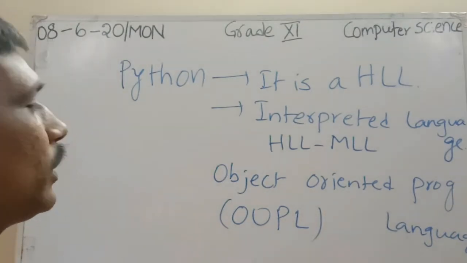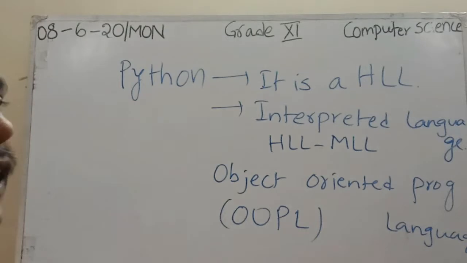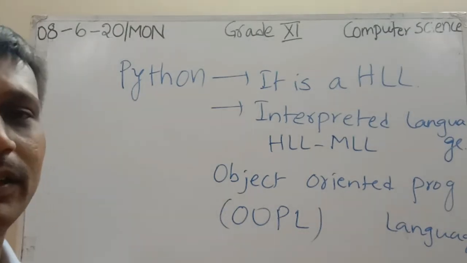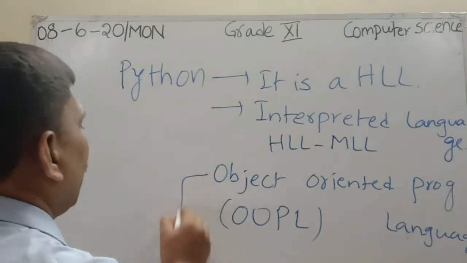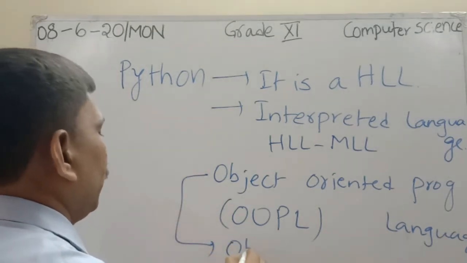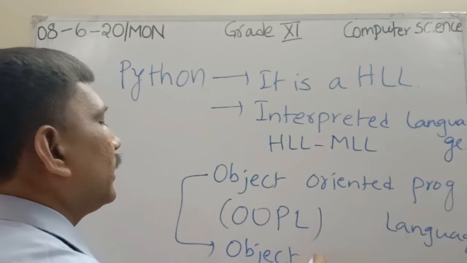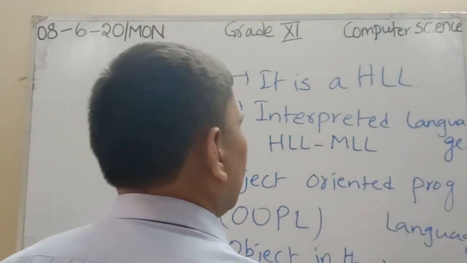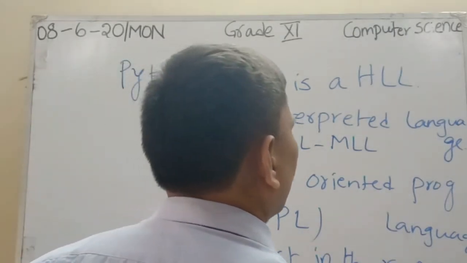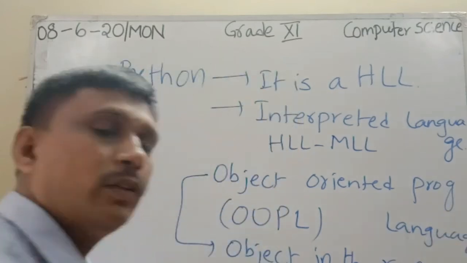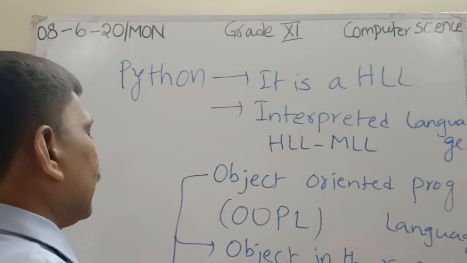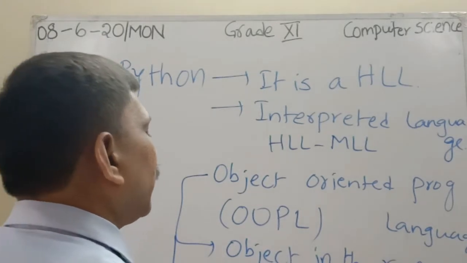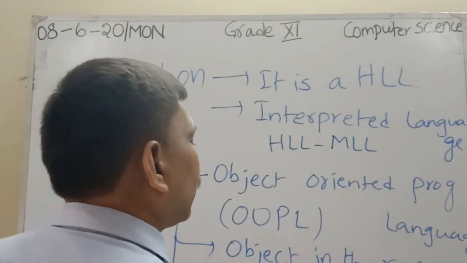In object oriented programming, every aspect in the programming is considered as an object, as in the real world. So here we are using the concepts of classes and objects.